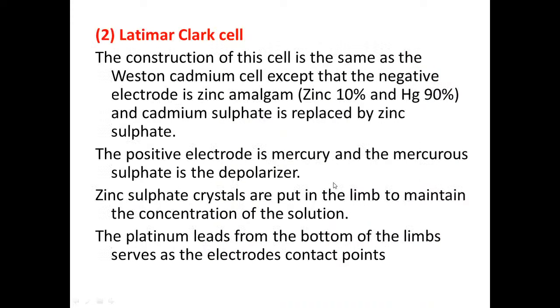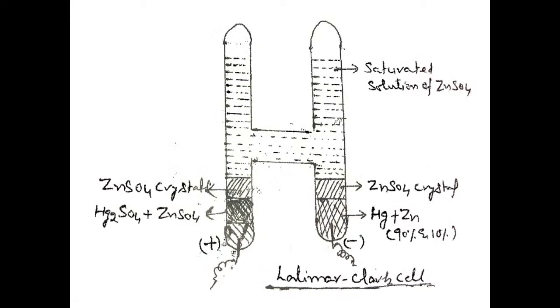The positive electrode is mercury and the mercurous sulfate is the depolarizer in this Latimer Clark cell. Zinc sulfate crystals are put in the limb to maintain the concentration of the solution. The platinum leads from the bottom of the limbs serve as the electrode contact points.